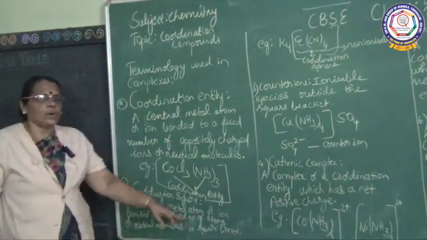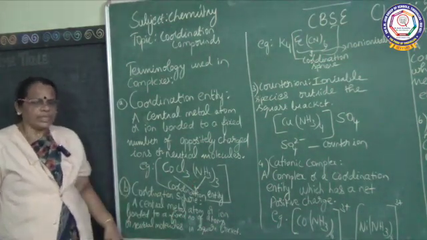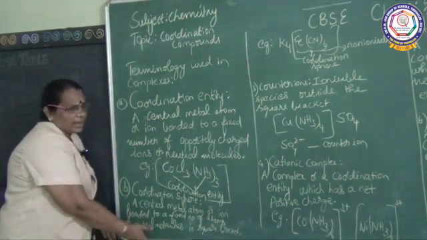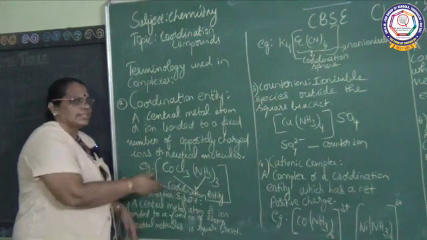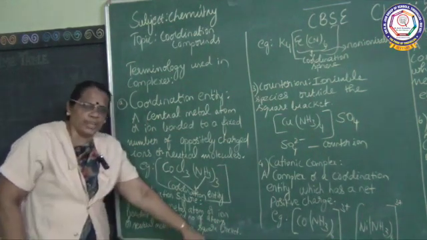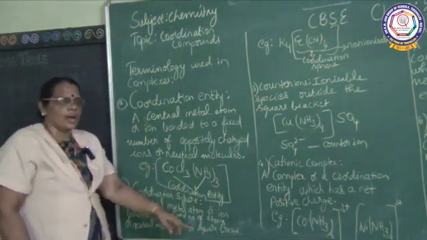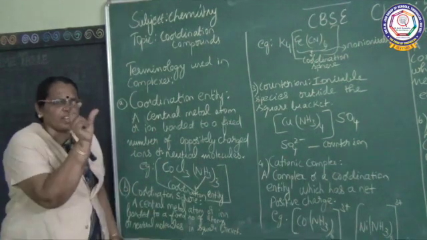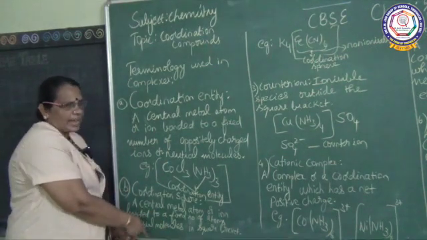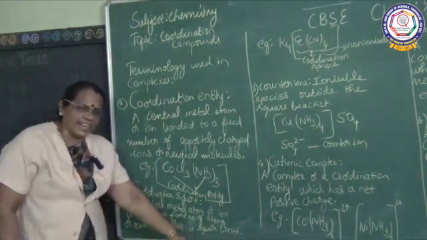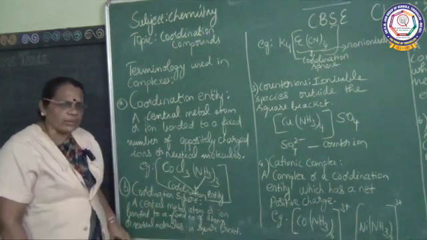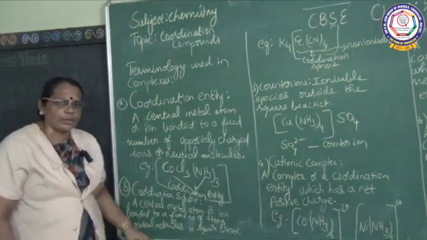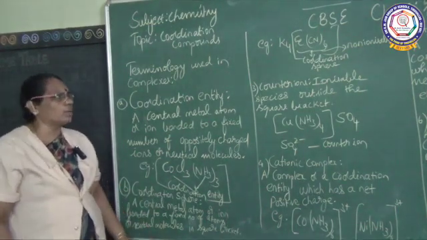The next one is coordination sphere. The species inside the square bracket, the central metal ion bonded to the fixed number of ions or neutral molecules, we can call it the coordination sphere. So usually in the square bracket, we will have the central metal ion which is bonded to a fixed number of ions or neutral molecules.